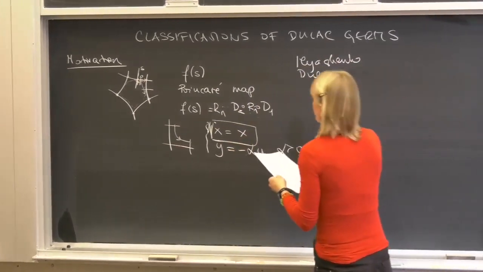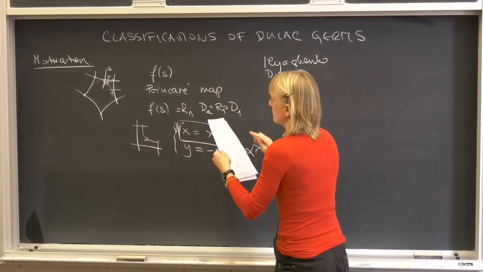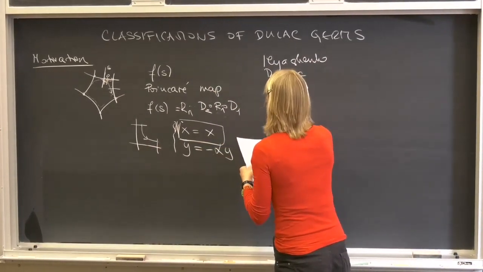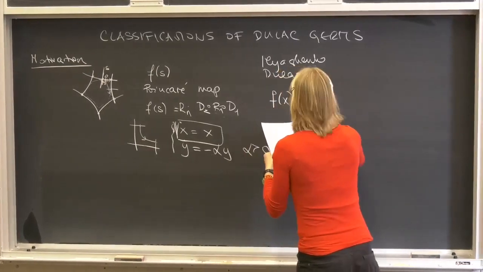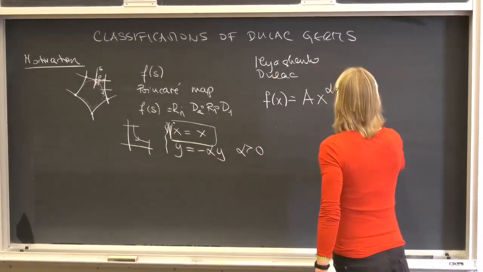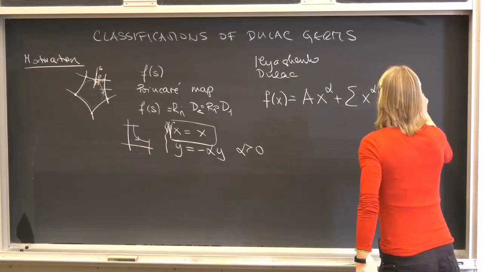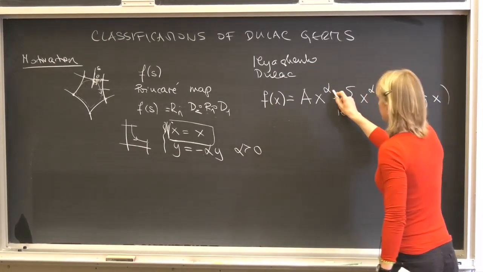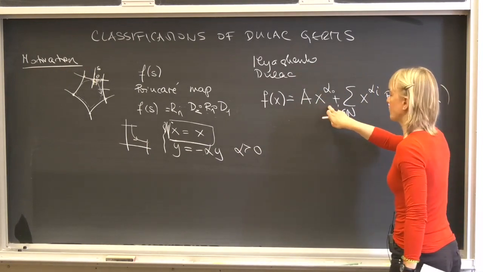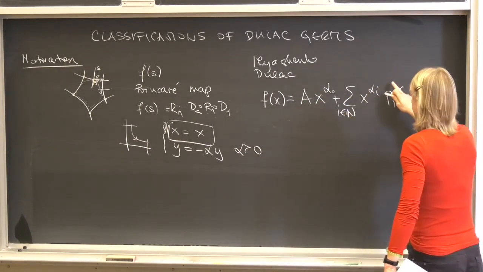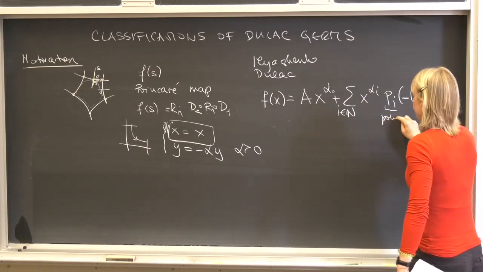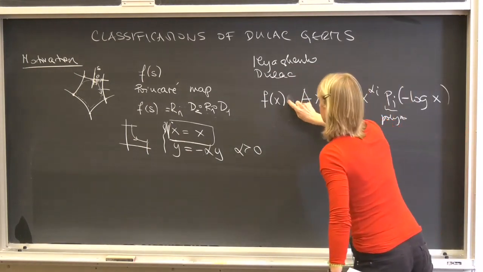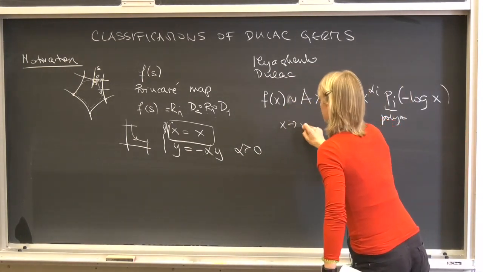And then a final form given by Ilyashenko, Dulac, etc. The standard form of this first return map around the hyperbolic polycycle can be written as this. So this is some alpha 0. This first term does not contain logarithms, and these are polynomials. This is just asymptotic as x goes to 0.